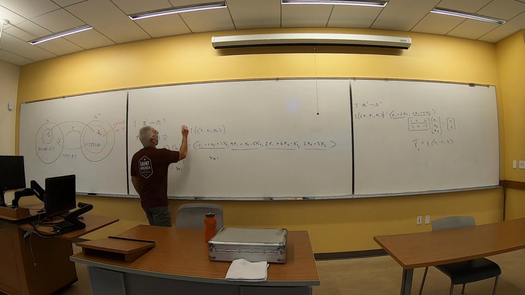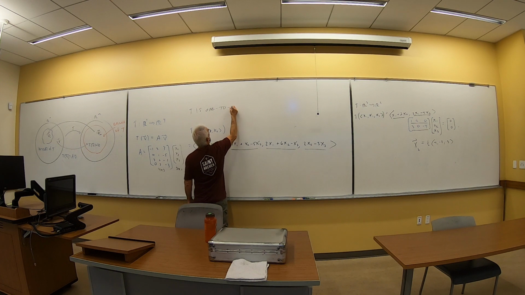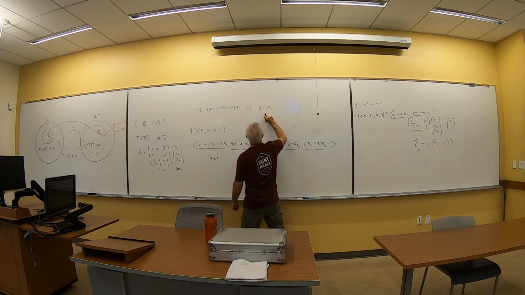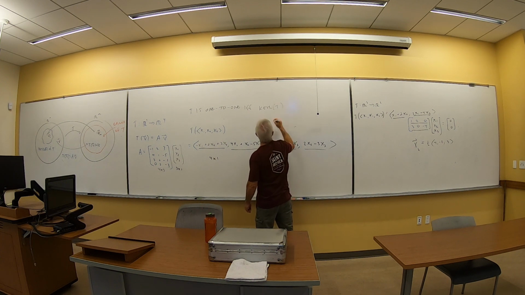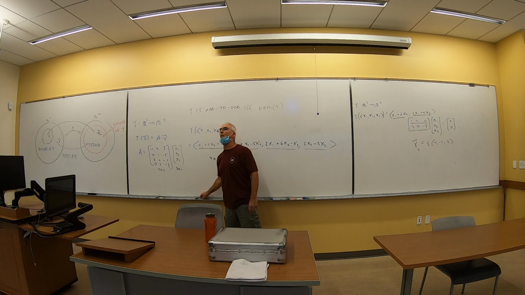So we say that T is 1-to-1 if and only if, and the notation we use is KER of T. We're lazy. We never actually write the word kernel all the way out. It takes way too long.